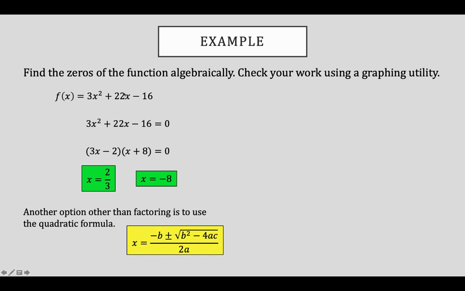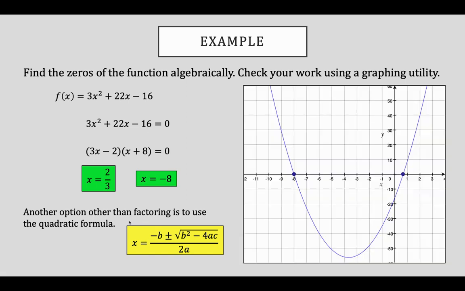And c is the constant that comes on the end, which is negative 16. Plugging that in would give you the exact same answer. Personally, I think the factoring is a little bit easier than working with the quadratic formula here, but if you have something that doesn't factor, the quadratic formula is going to be your next best bet.